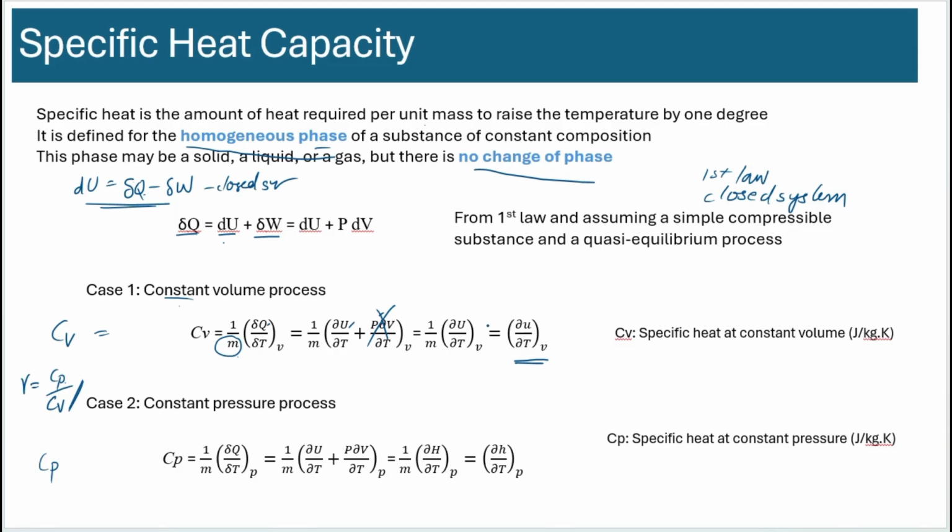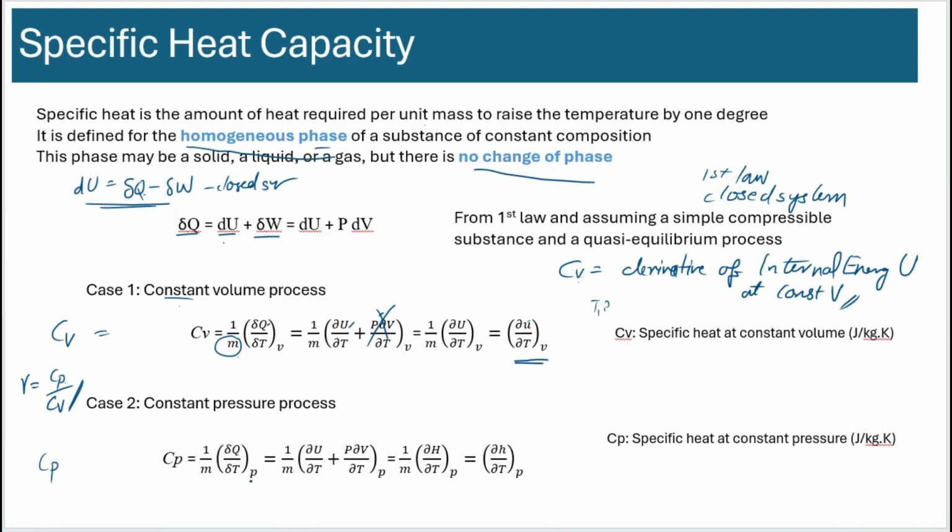So Cv is a derivative of the internal energy that we had looked at earlier, U at constant V. This will change based on the state of the system. This is a state property, right? So for a given temperature and pressure, you will have a certain Cv, and it will change based on the state of the system.